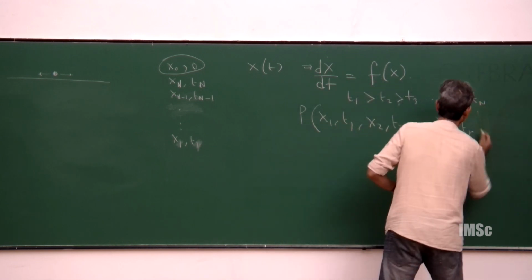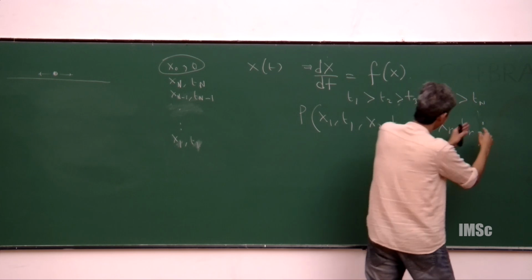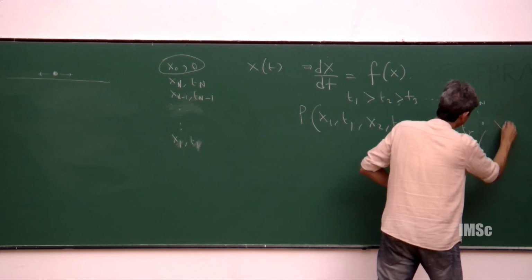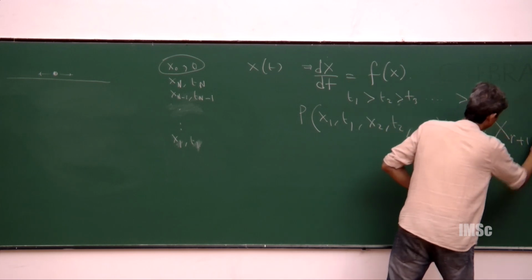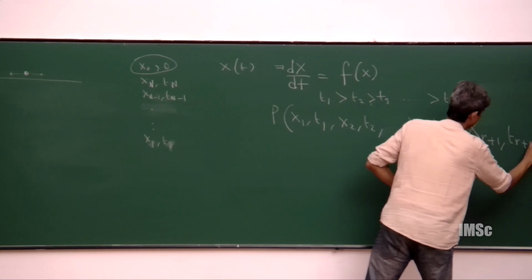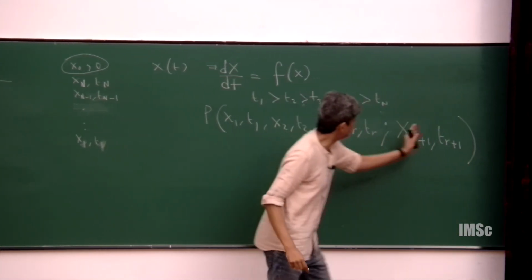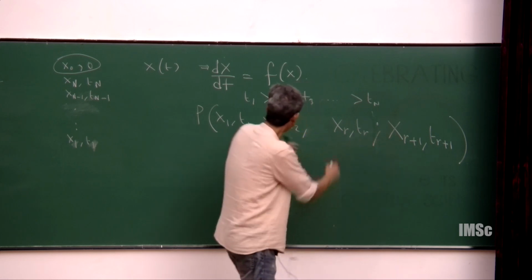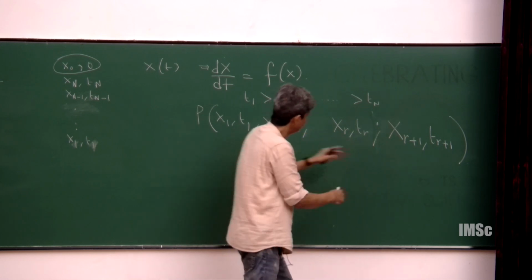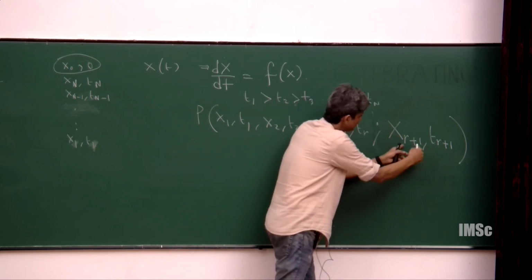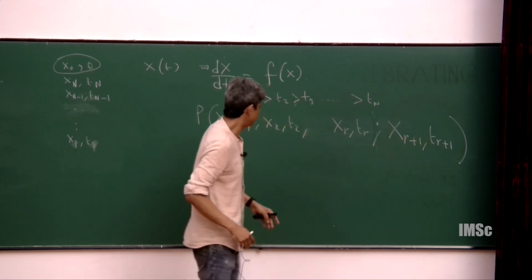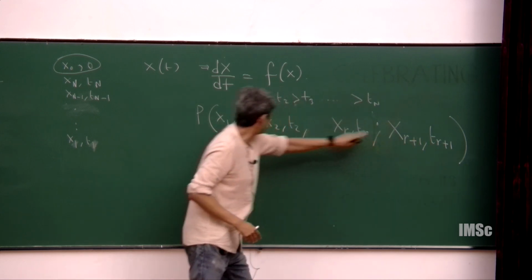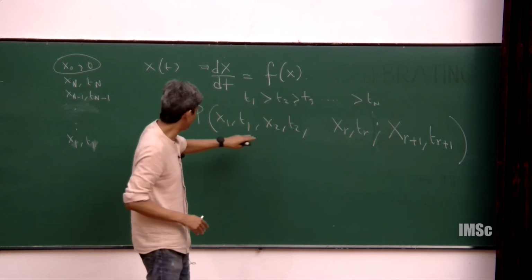So then it would mean that you can truncate this. You don't need to know the earlier times. If you want to know the probability until this, knowing what was the position at r plus 1 is sufficient. And of course, now you can start simplifying this. I will not go into the details.